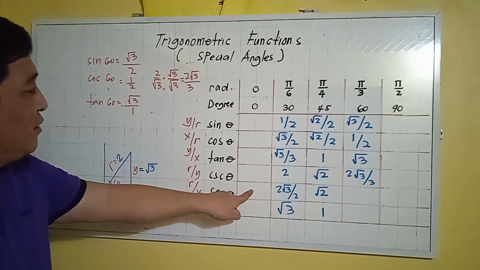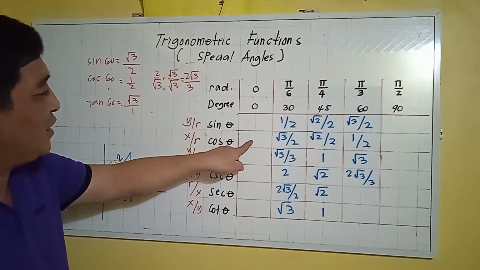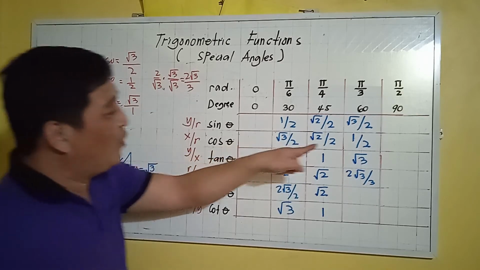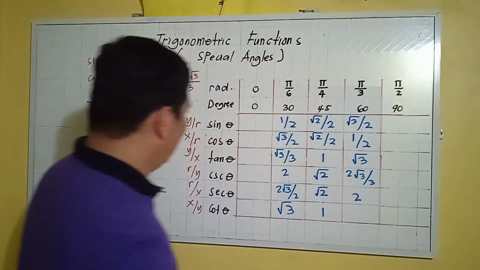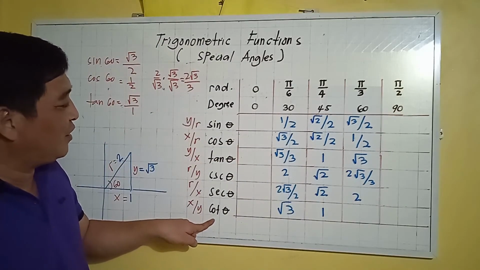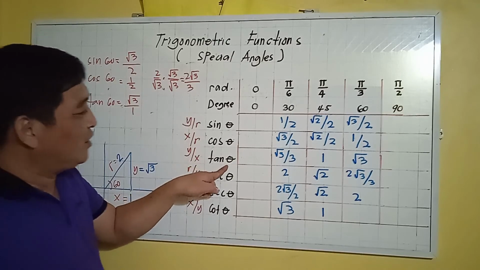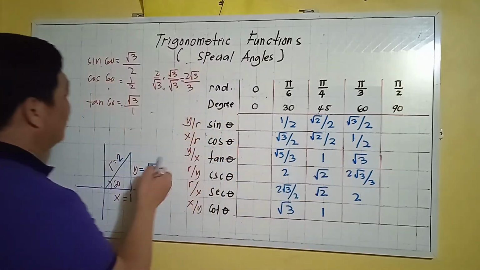Second, this is the reciprocal of cosine 60 degrees. 1 half, the reciprocal is equal to 2. Tangent, we have cotangent 60 degrees, the reciprocal is square root of 3, that is equal to 1 over square root of 3.